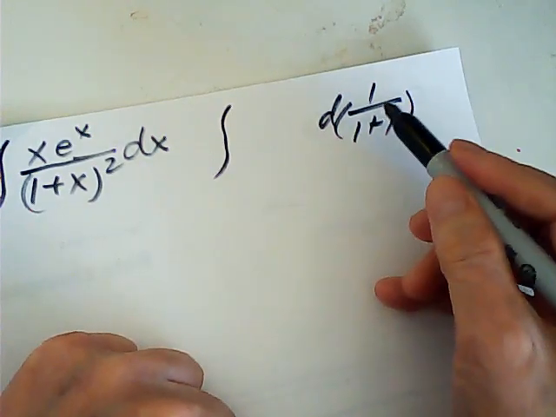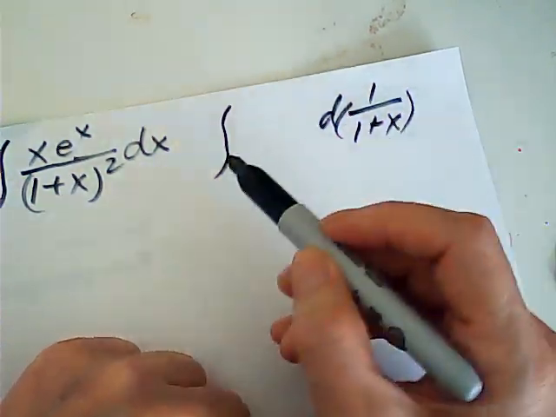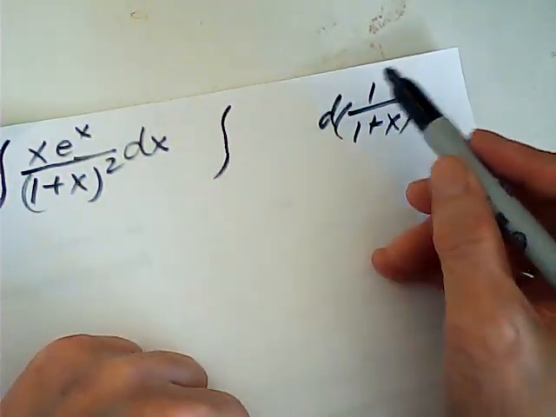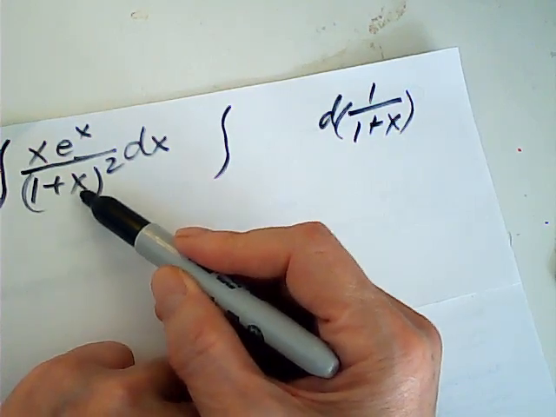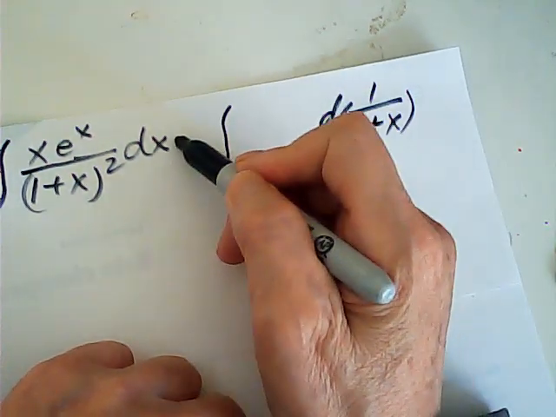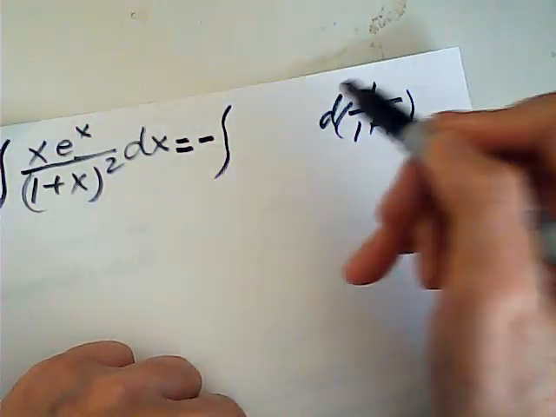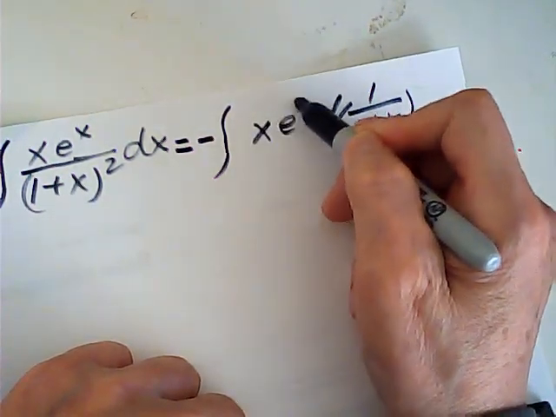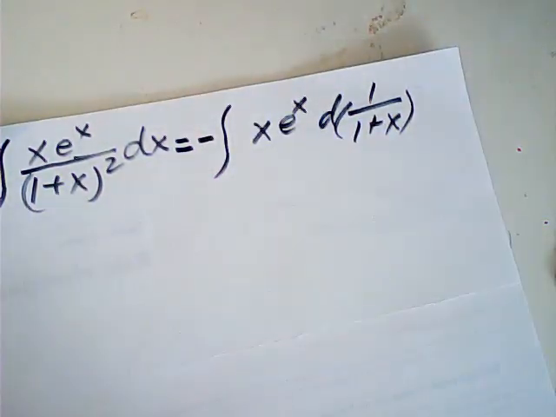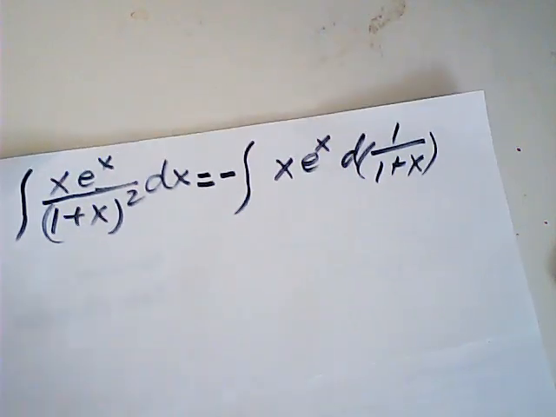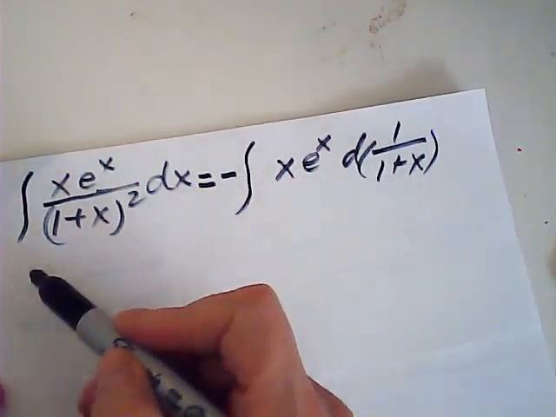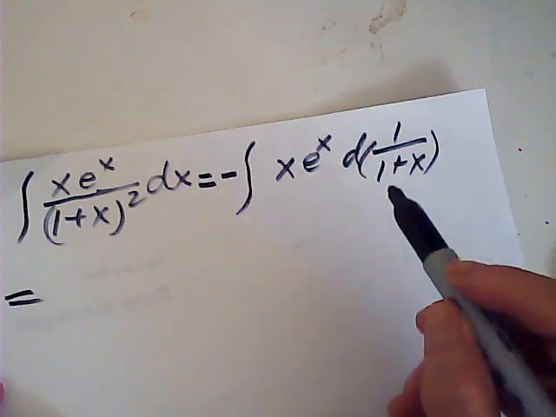So this derivative with respect to x is negative 1 over (1 plus x squared), right? So I change it to the negative outside and leave this. Okay, that's easy. Then I can use integration by parts.